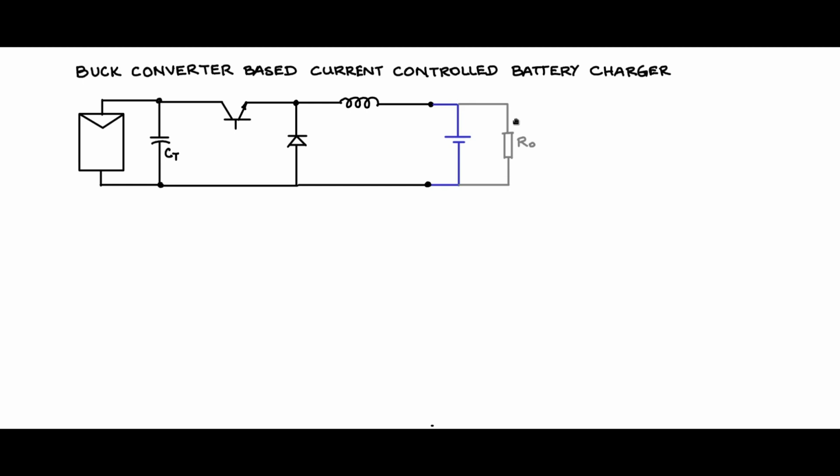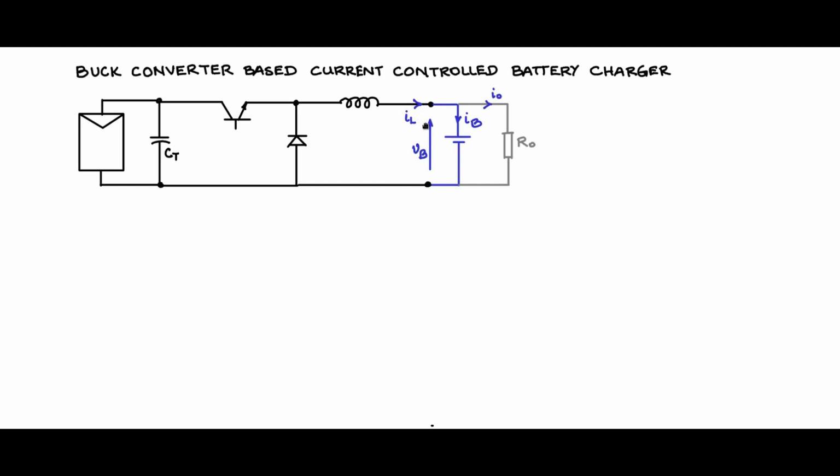So the current I0 through R0 is V battery by R0. Here you have the battery voltage, we will call that VB. The current through the inductor is as shown here. This will be the current through the battery, IB, and this current will be I0, which is flowing through the external load.